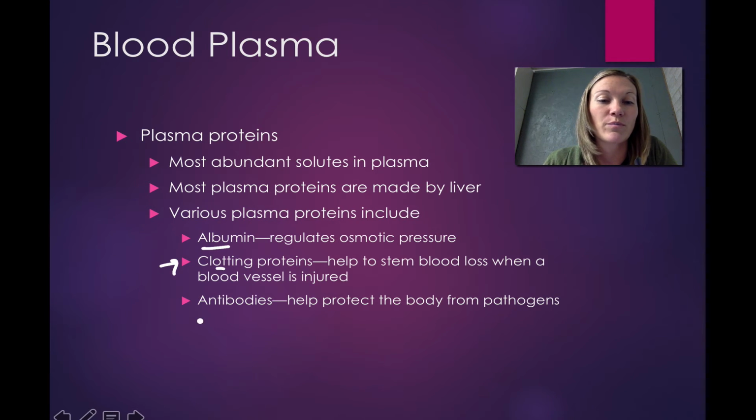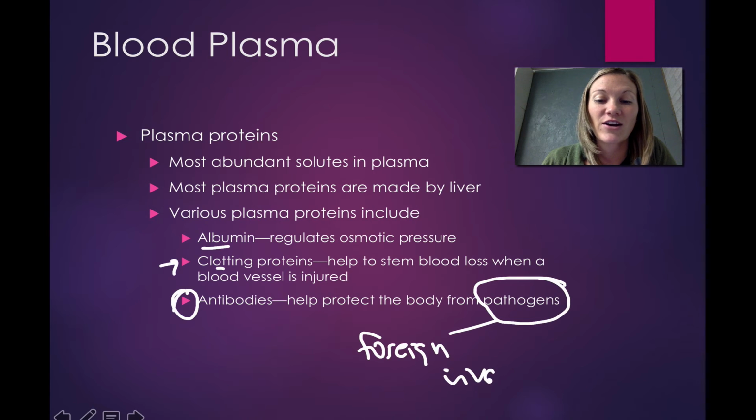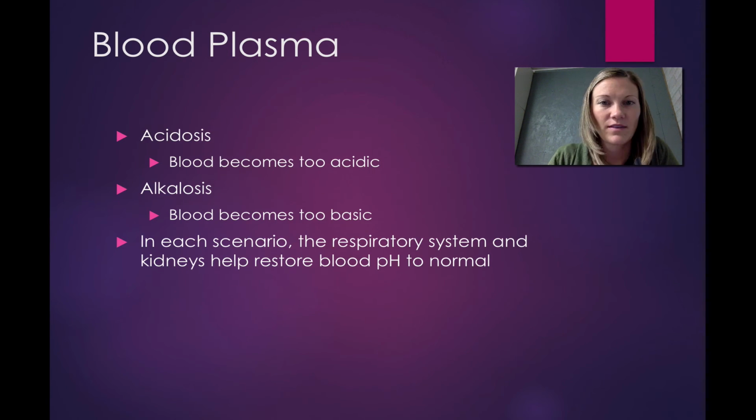And then the next one is antibodies. Antibodies help protect your body from pathogens. Pathogens are any kind of foreign invader, so anything that shouldn't be there, and antibodies will make up a part of your plasma proteins.